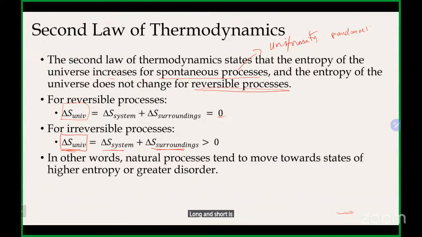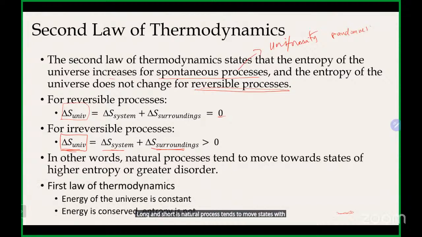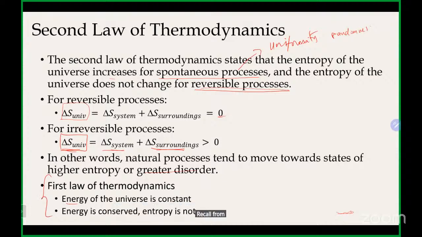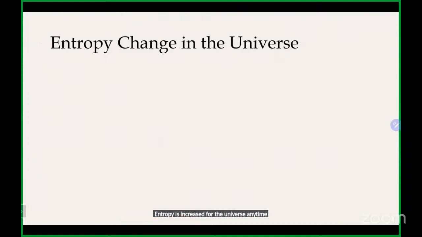a natural process tends to move to states with higher entropy or greater disorder. Recall from our first law, energy of the universe is constant and is conserved. Here, entropy is increased for the universe.